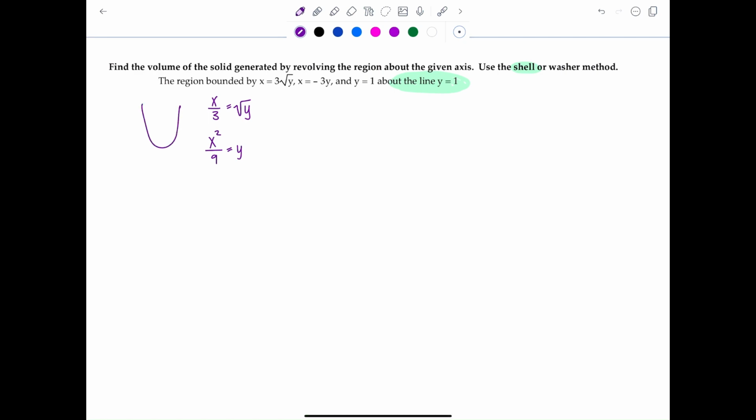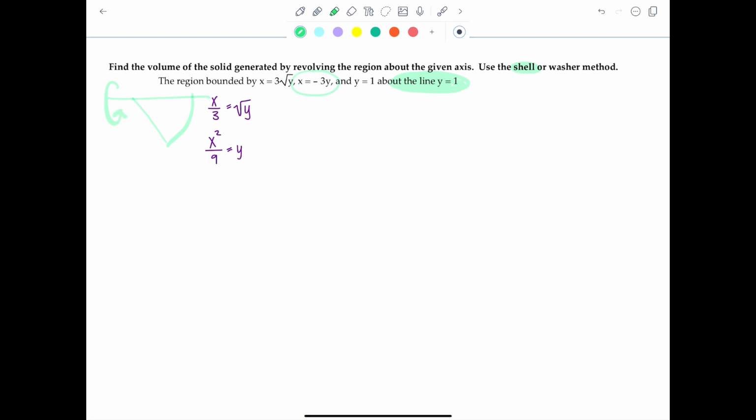Since I only have the positive radical, we're just on the right half. And then x equals -3y is just a line, negative slope, cutting through. And the line y equals 1 bounds the region, and we're spinning around y equals 1.